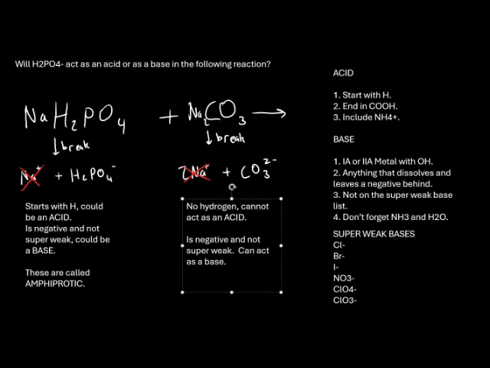Since the CO3 2- can only act as a base, it must be the base in this reaction, and H2PO4- must be the acid. Therefore, we'll label the H2PO4- as our acid, and the CO3 2- as our base.